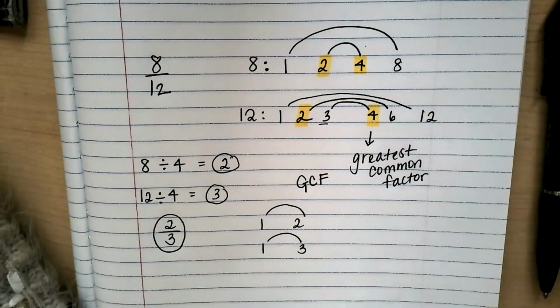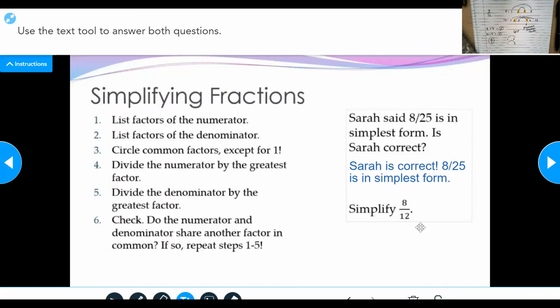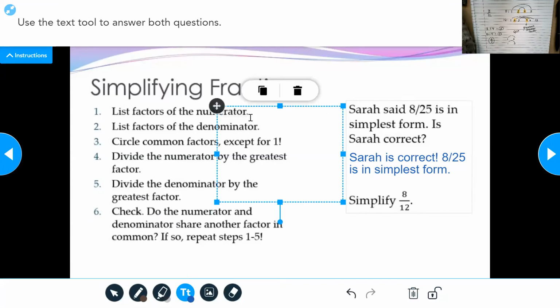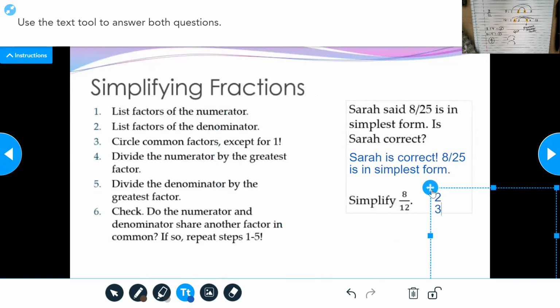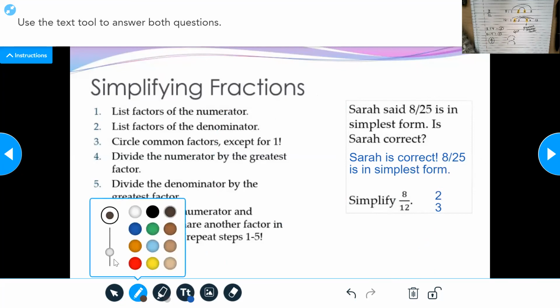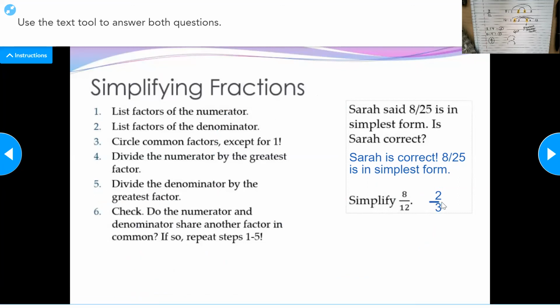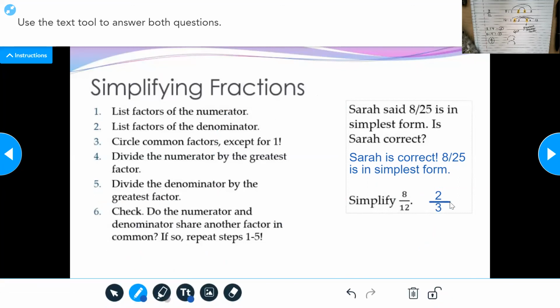So now I have that in simplest form. So simplify 8/12. That would be 2/3. And I'll draw a little line in between to separate my numerator and denominator.